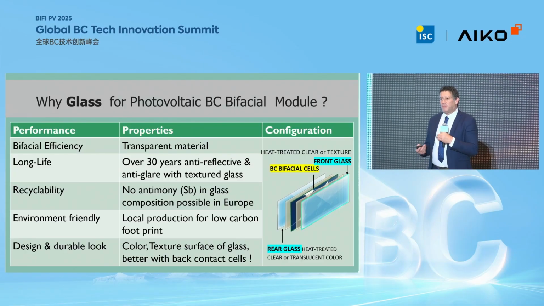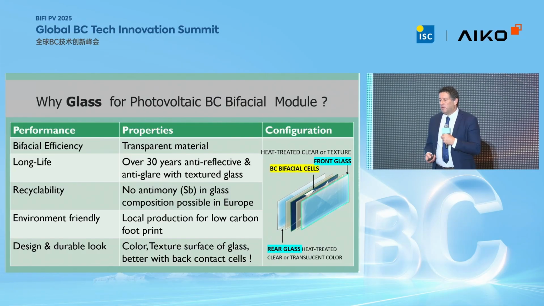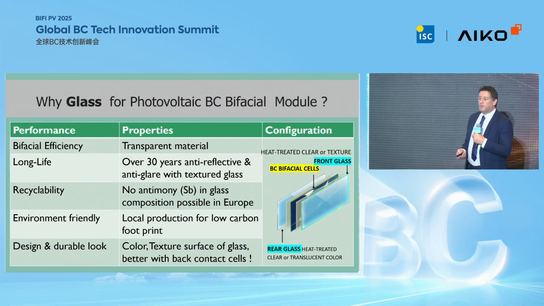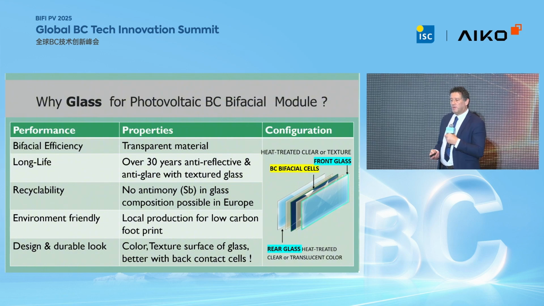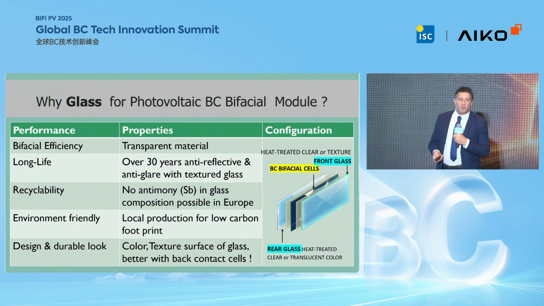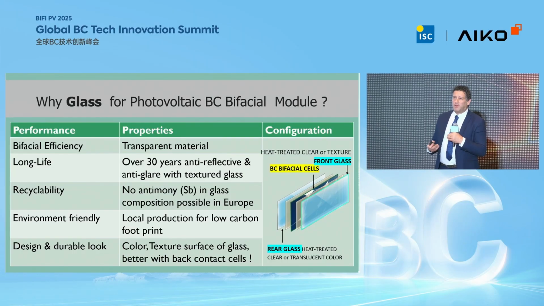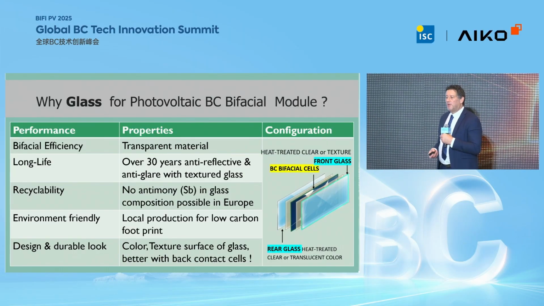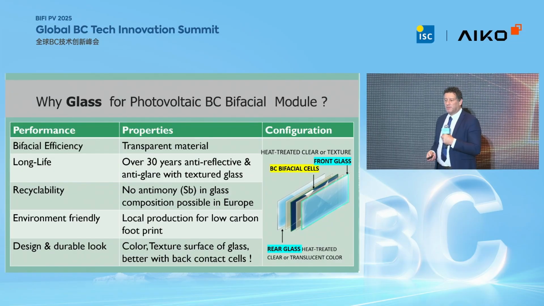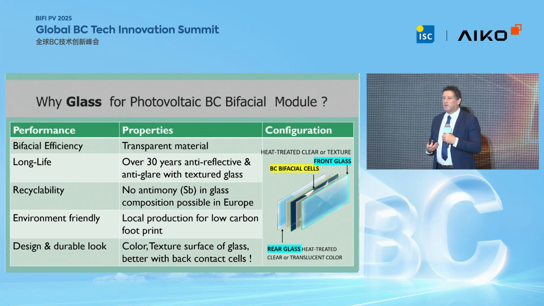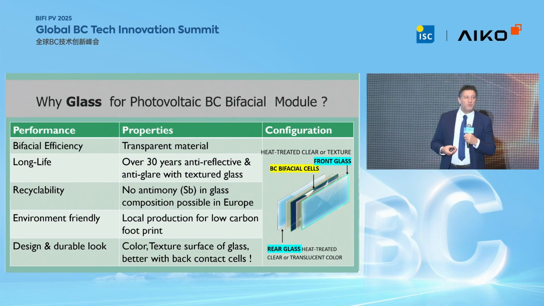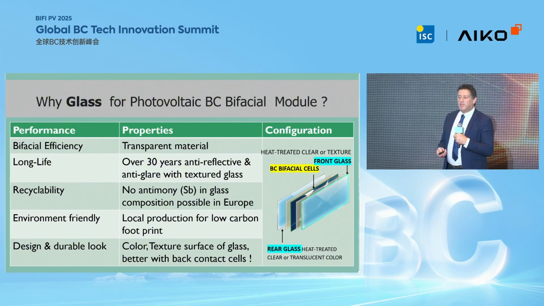It allows protection from humidity, from the oxygen, and from all the corrosive external products. It is a very long life product. The matrix itself is stable for more than 50 years. It's stable to UV, but also when you work on the matrix, you are able to produce anti-glare or anti-reflective product, allowing no degradation of the coating.